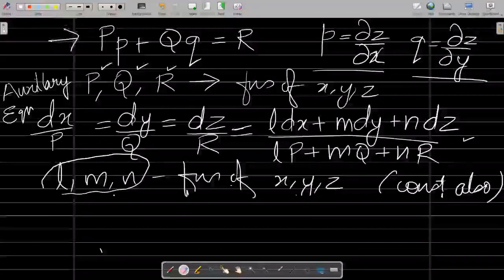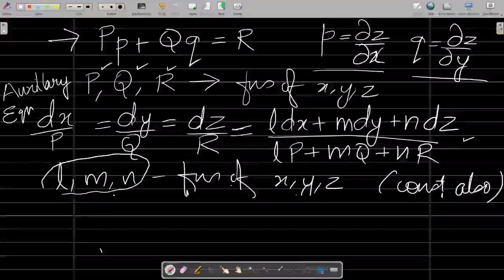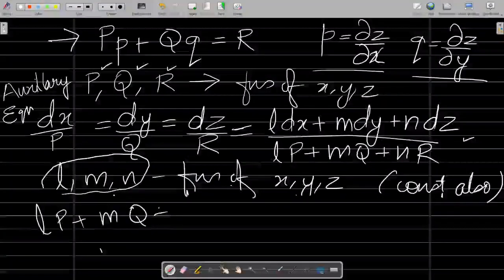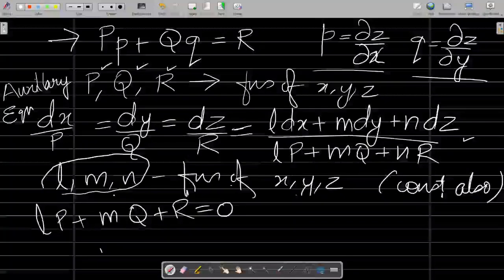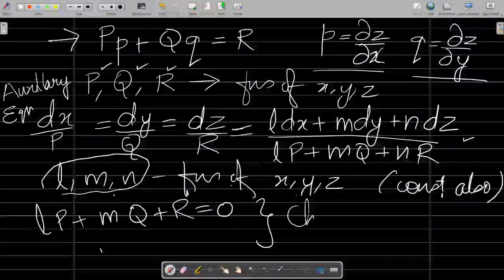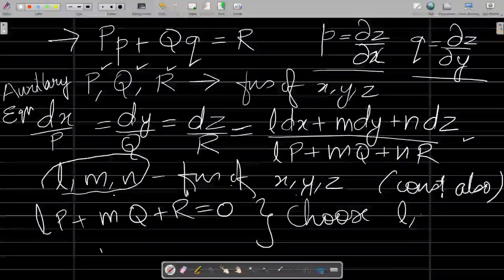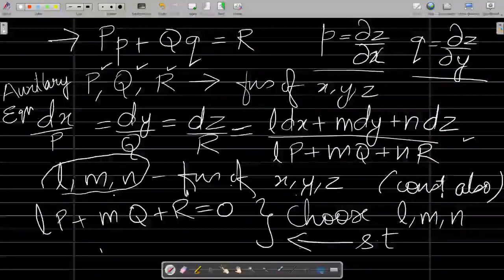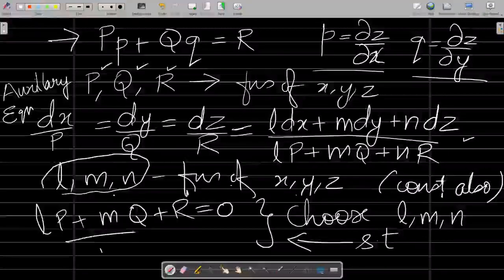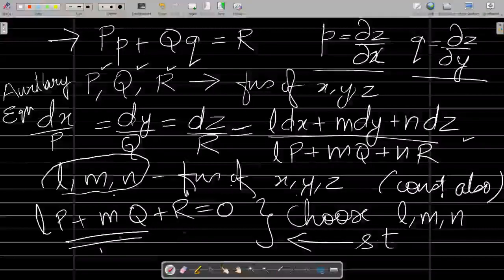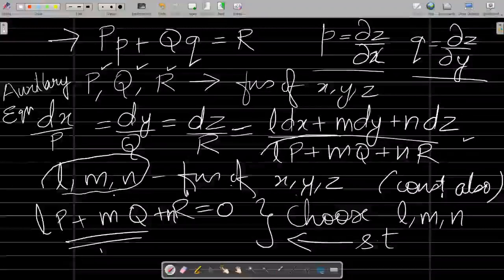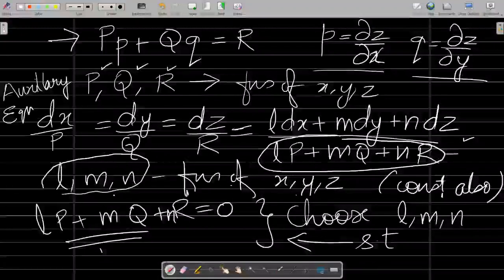But in addition to that, you have to choose l, m, n in such a way that lP plus mQ plus nR is equal to 0. Then this denominator term will become equal to 0.